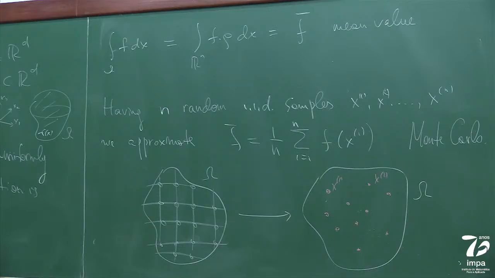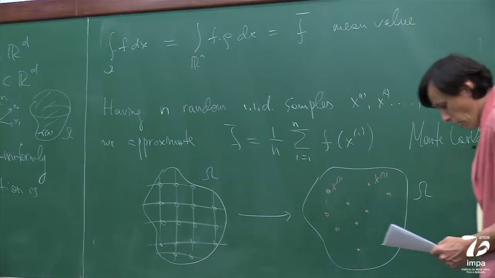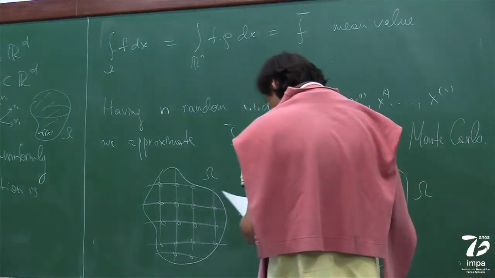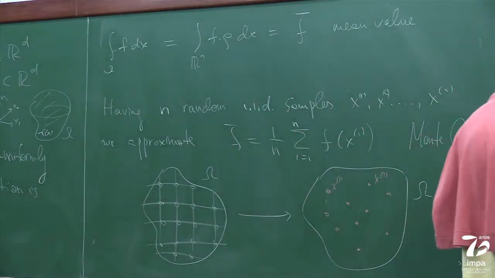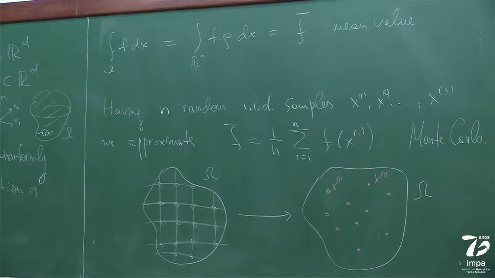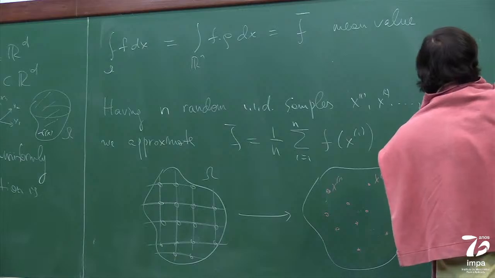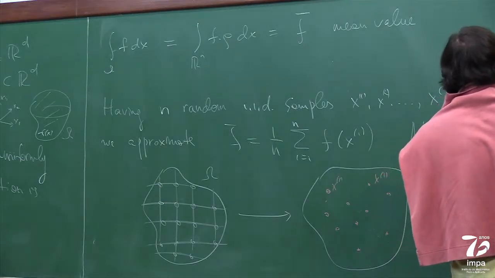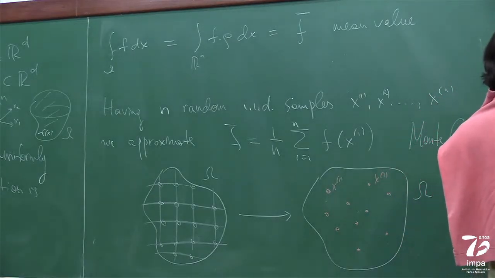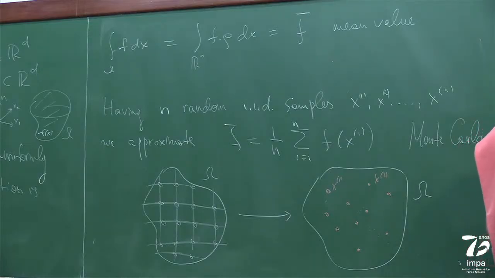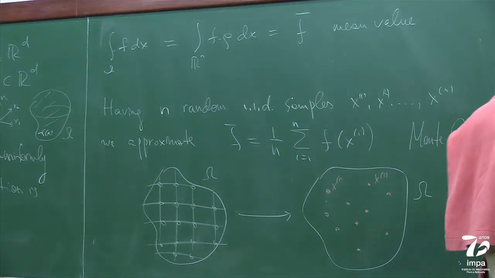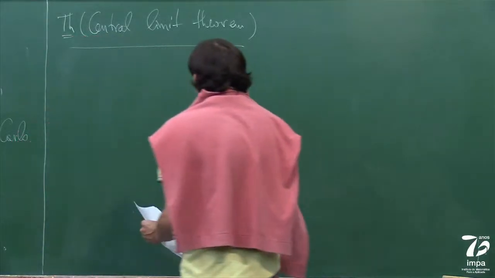If you want the exact value, how do we get an error estimate of this convergence? Let's recall the central limit theorem. It's probably the main thing you learn in a course of probability.